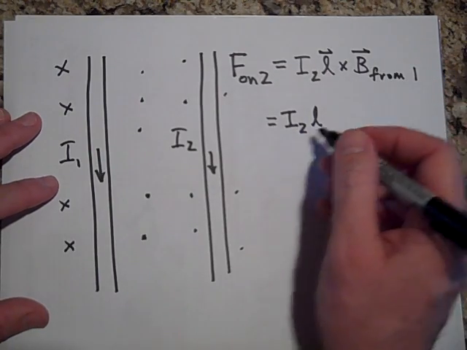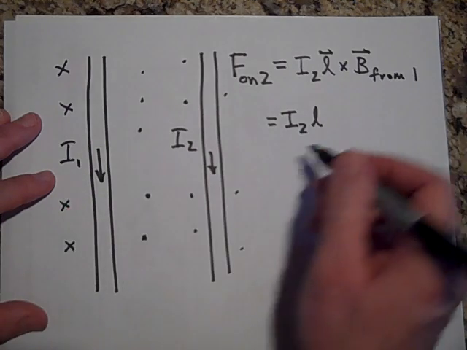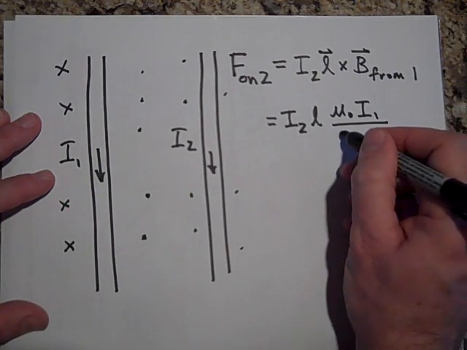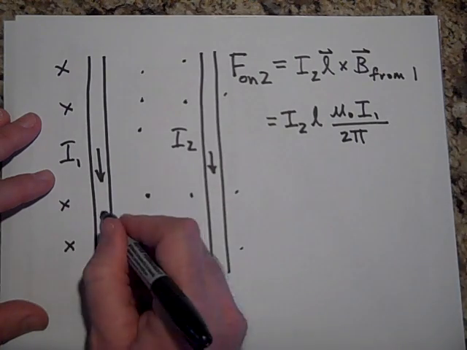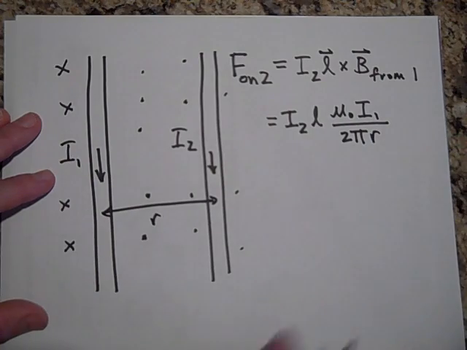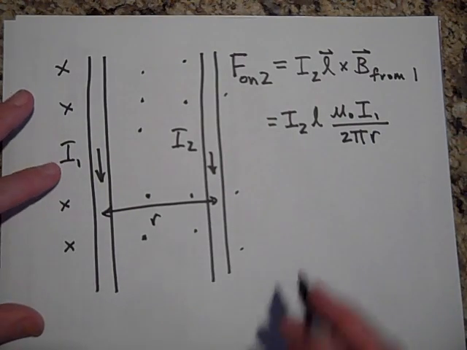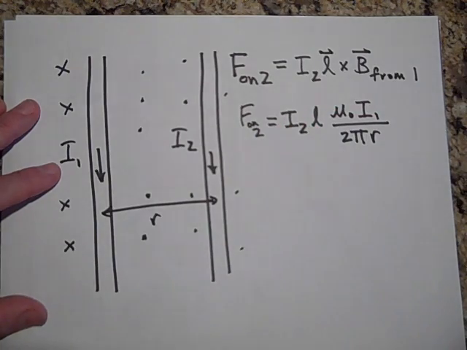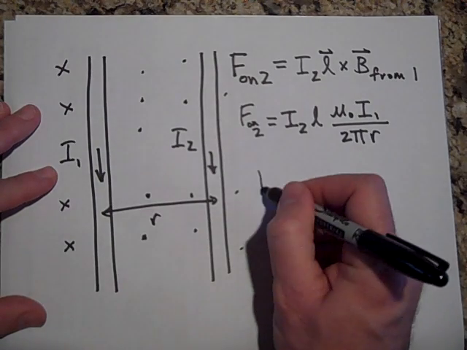And then B is going to be the magnetic field due to I1, which is mu naught I1 all over 2 pi r. Let's say these are distance r apart. So that is the force on 2. Sometimes they bring the L to the other side.